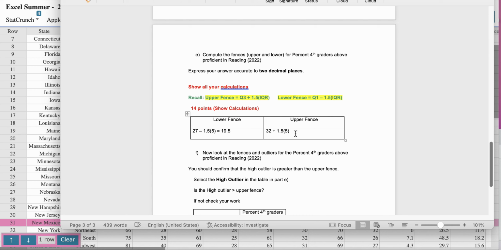This is what I mean by showing your work, and you lose significant points if you do not do that. So we're going to clear and do the upper fence. It's 32 plus 1.5 times 5, and it's 39.5.